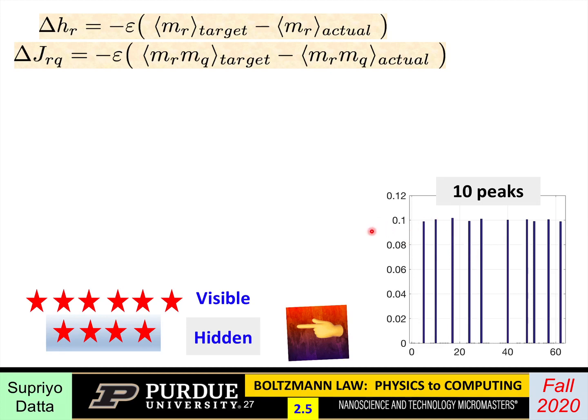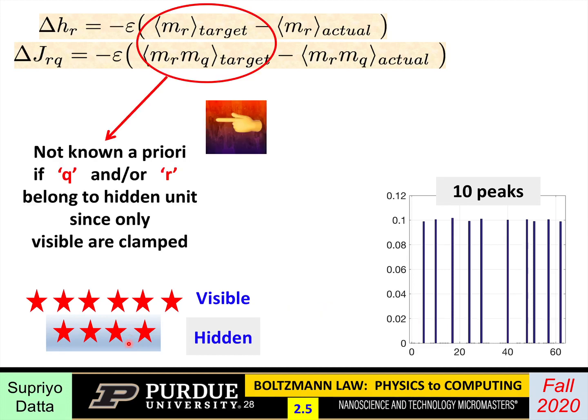And so what often people do is they introduce a set of hidden bits. So these are ones I don't look at. So I still want these 10 peaks, but these 10 peaks correspond to the 6 that I have, and not these other 4 that are hidden that I don't even look at. Now what happens is, again, the learning rule is still the same. But remember, to get the learning rule, of course, I have to evaluate these average values.